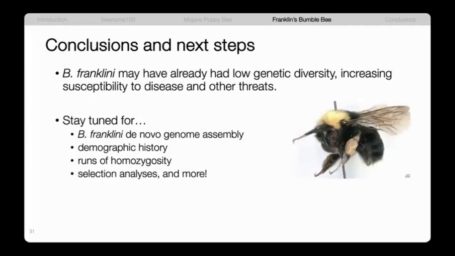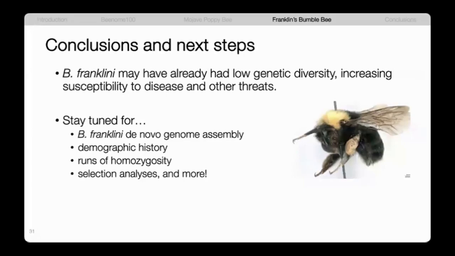We have some really exciting analyses that we're working on right now. We actually have PacBio data for a Bombus franklini specimen. It's a museum specimen, so the reads aren't that long, but we're going to try to do a de novo genome assembly.